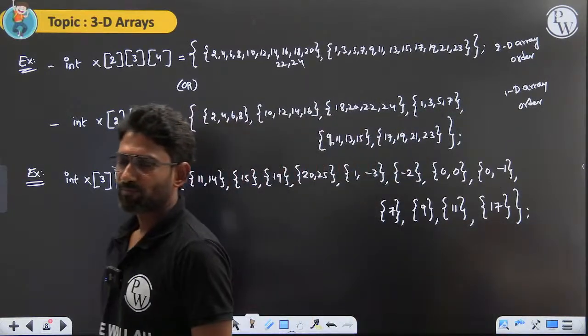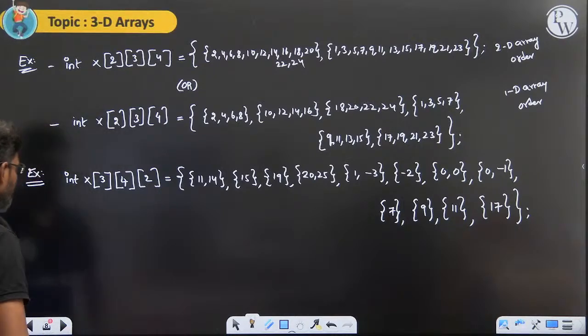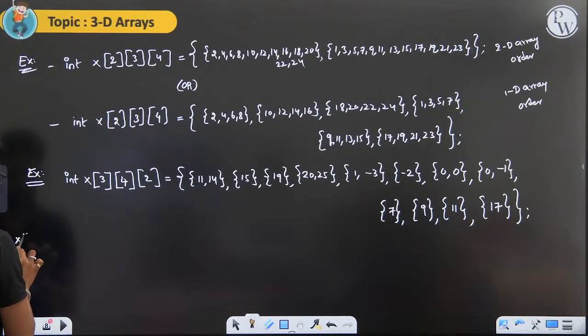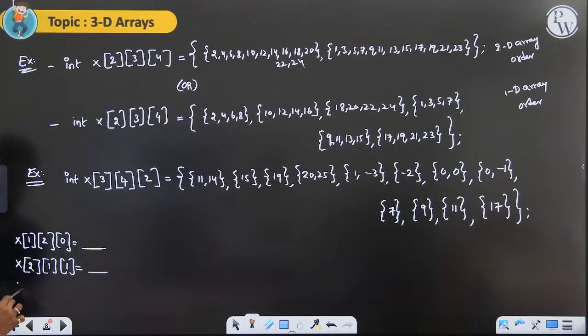Okay. Now if I am looking for x of 1, 2, 0, what would be the value? X of 2, 1, 1, what would be the value?